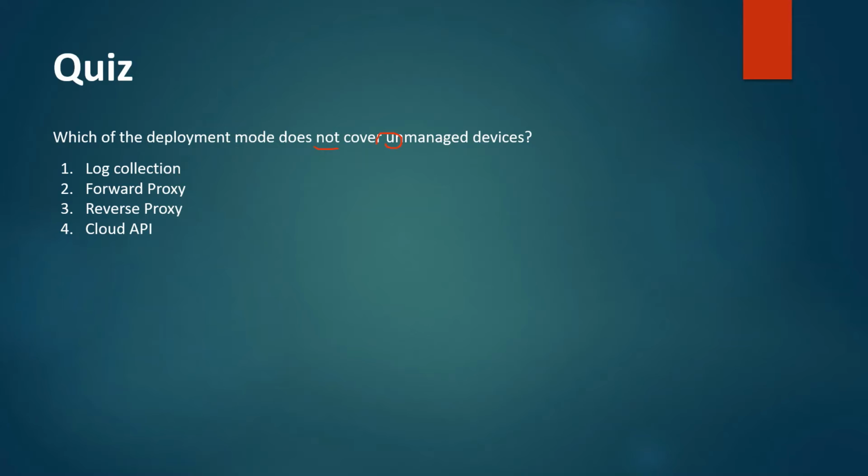Welcome back. So yes, the right answer is forward proxy, as we just learned in this video. Because to visit a cloud service, the request usually originates from a device. If there's no CASB control in place, the request will go straight to the service.